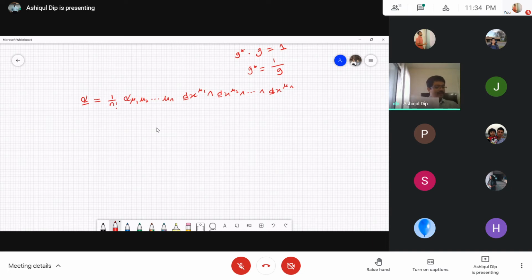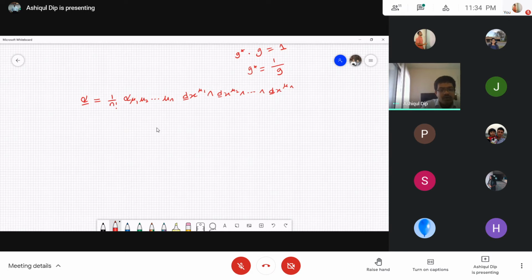We learned the definition of the wedge product itself, the defining properties. So what are those defining properties?